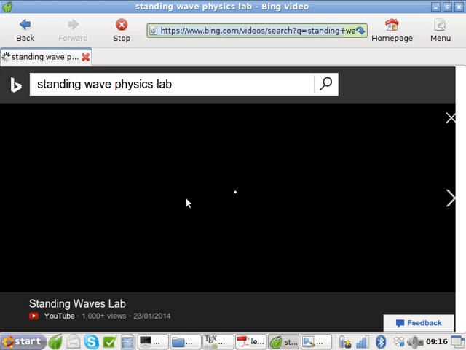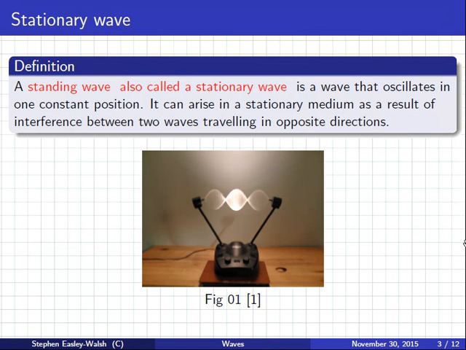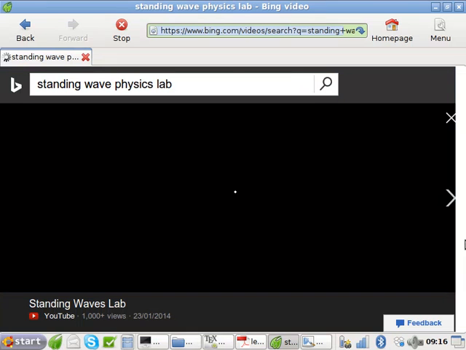All you really need to do this is just a string and a little motor. I'm going to try and get the video for this, but the wave is just moving up and down, not left and right.